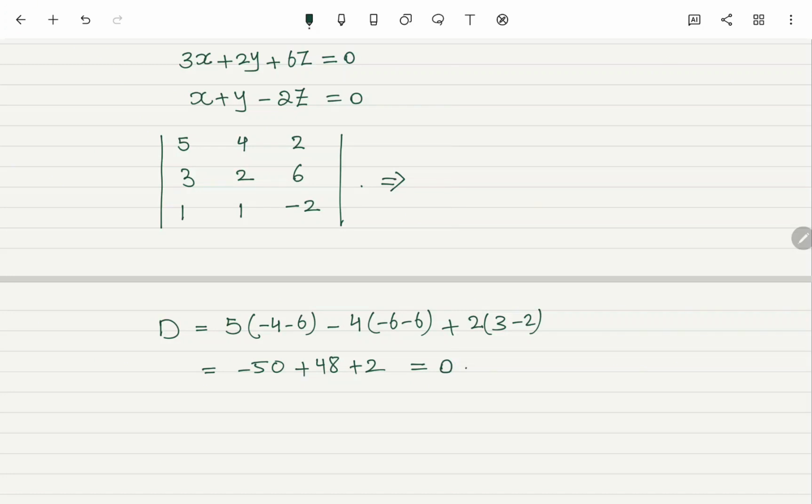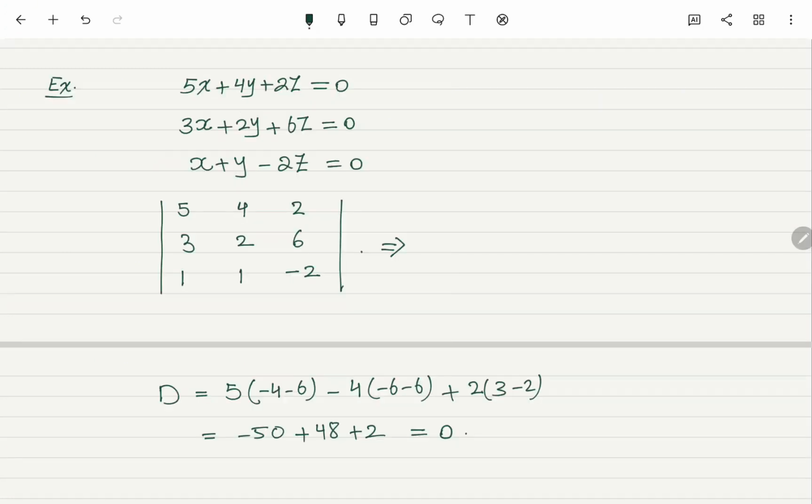Now, this is very important here. Since the determinant is equal to 0, there is a solution other than the trivial solution x, y, and z. The point is, instead of trying to solve these equations and at the end you get x equal to 0, y equal to 0, and z equal to 0, we can double check the determinant of these equations.